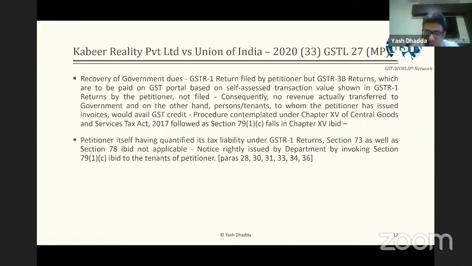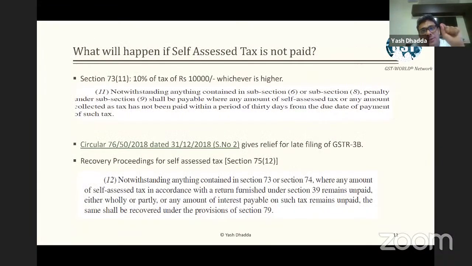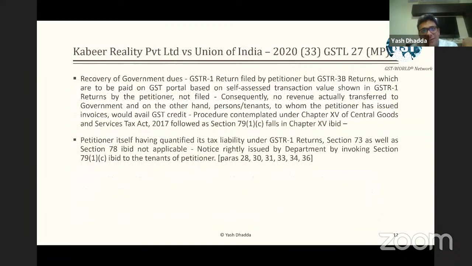The assessee went to the High Court and said, my lordship, the problem is 75(12) says wherever the tax remains unpaid in respect of a return furnished under section 39, but I have not filed a return under section 39 at all. I have filed GSTR 1, and GSTR 1 is a statement under section 37, not a return under section 39, and that is why this provision of 75(12) should not be made applicable upon me. High Court said nothing doing.